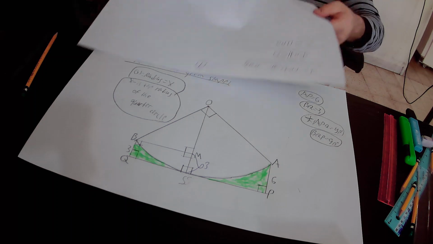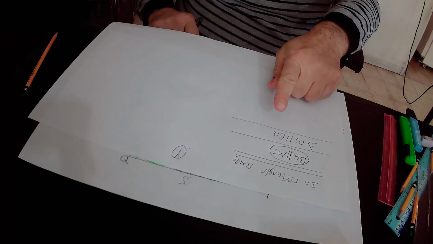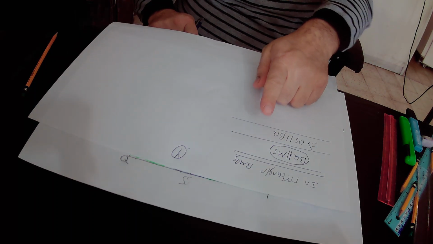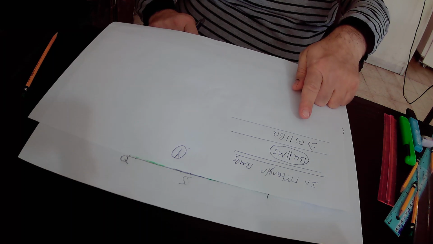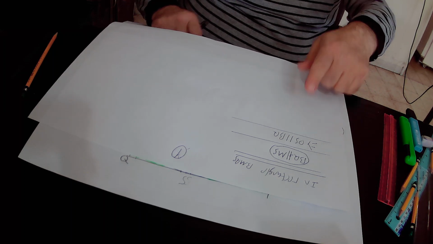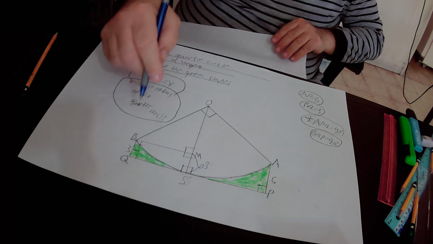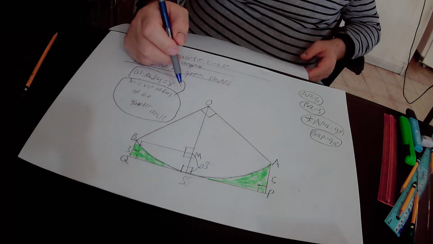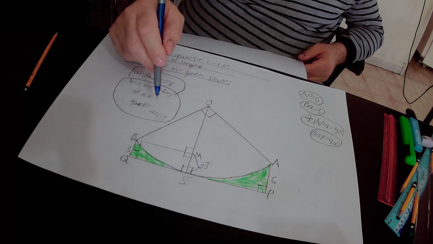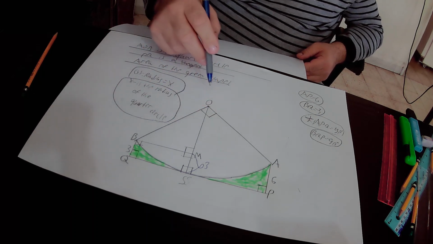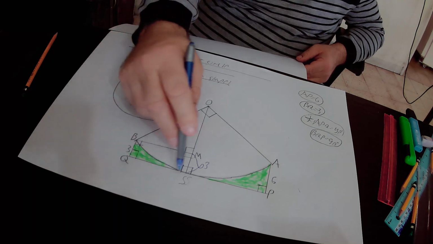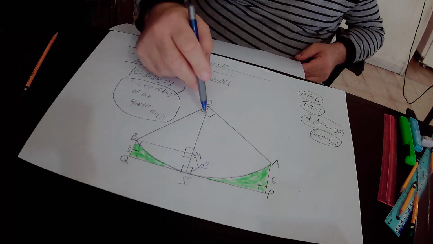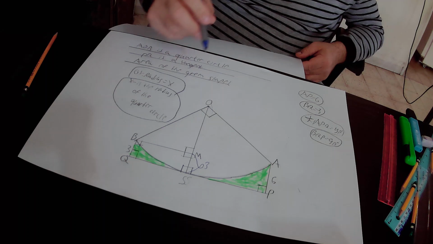Okay, so I found out that actually we have here quadrilateral OBQS. Inside this quadrilateral OBQS, side OS is parallel to side BQ.